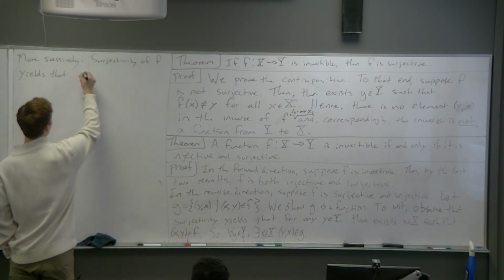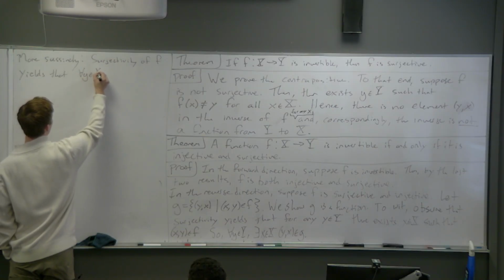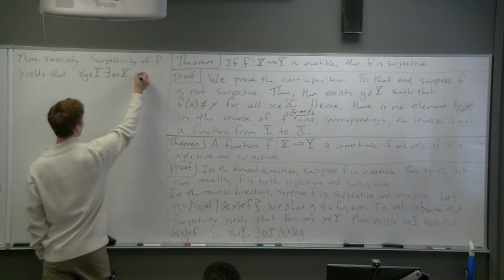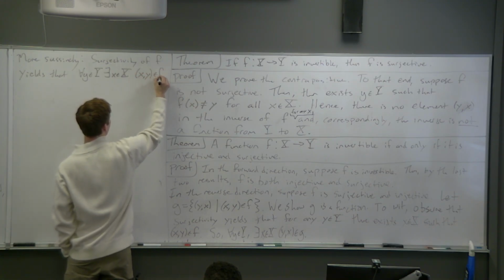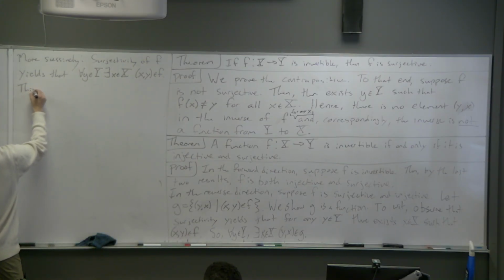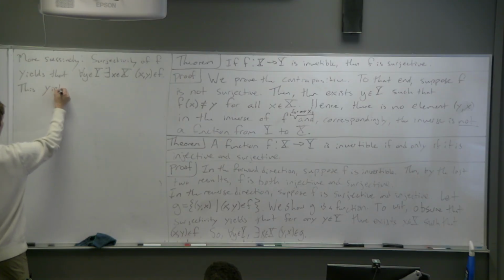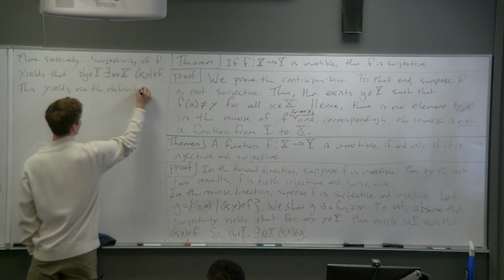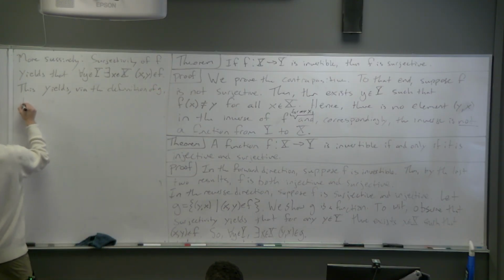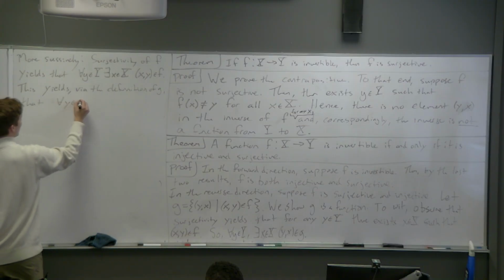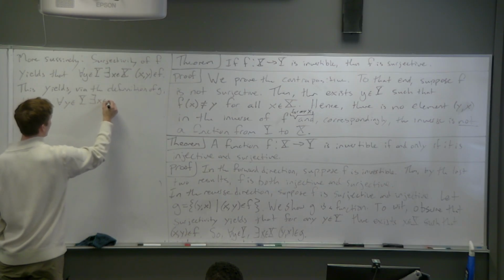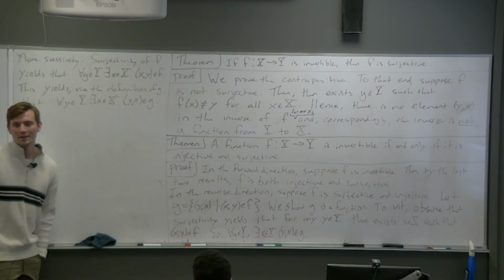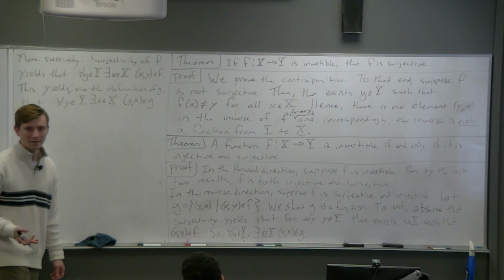Surjectivity of f yields that for all y in Y, there exists x in X such that xy is in f. This yields via the definition of G that for all y in big Y, there exists x in X such that yx is in G. That's that first condition we need to get a function, yeah?